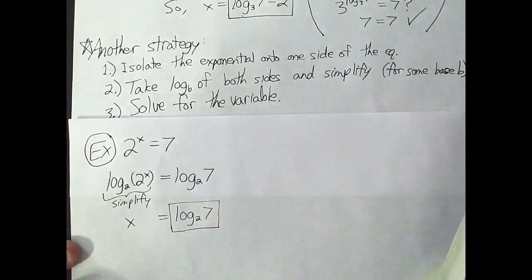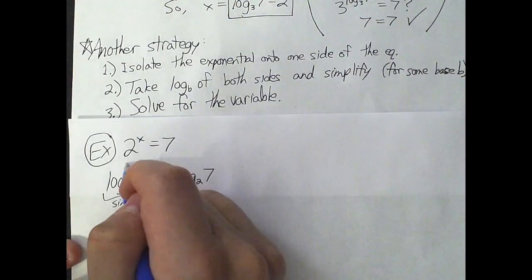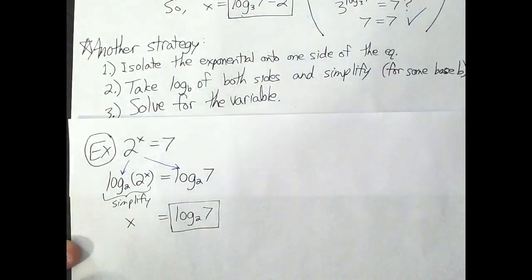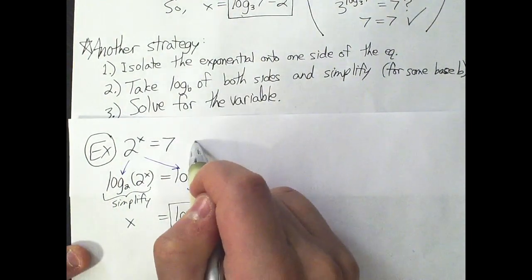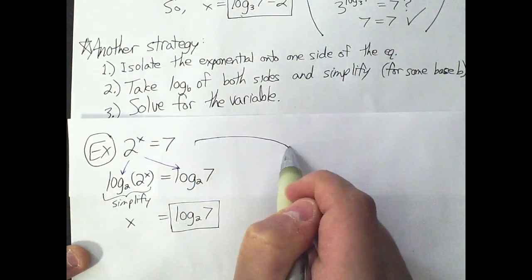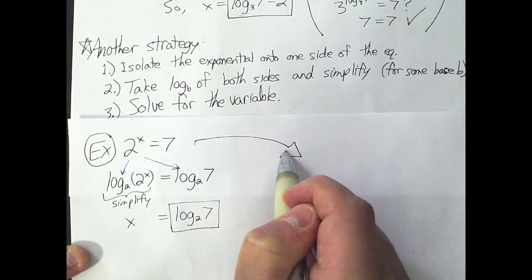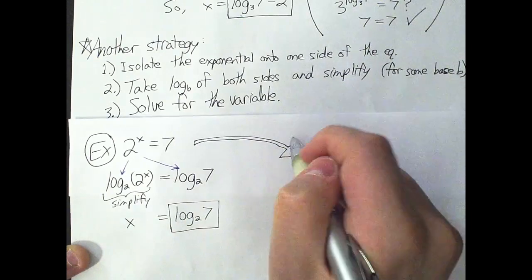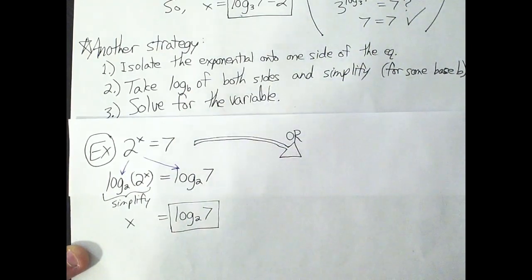By the way, when I did this, we did log base 2 of both sides. Technically, you're allowed to use any base you want, as long as you do it to both sides. So what if you looked at this and you said, here, I'll show you a slight variation on this.